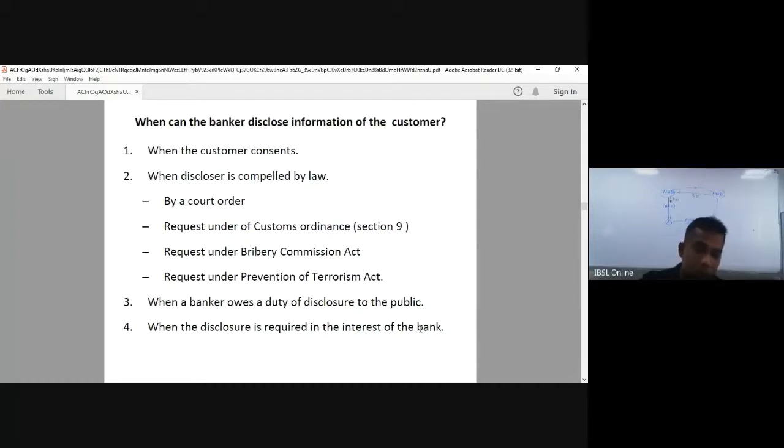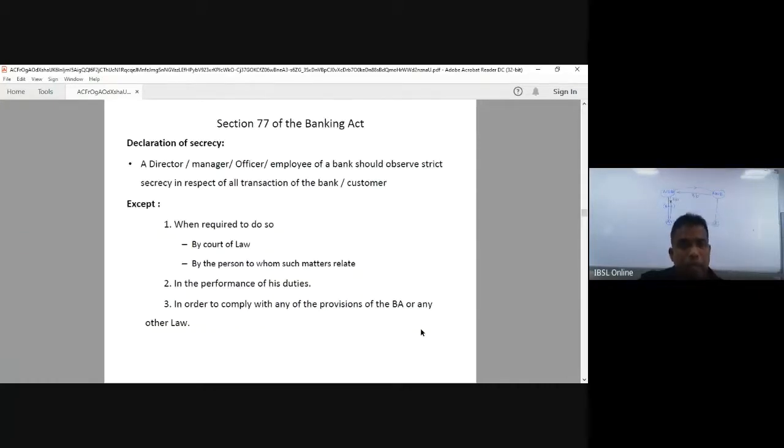And under the Banking Act, Section 77, there are also provisions. Section 77 says a declaration of secrecy: the director, manager, officer, employee of the bank should observe strictly in respect of all transactions of the bank customer, except under these situations where the bank can divulge information.